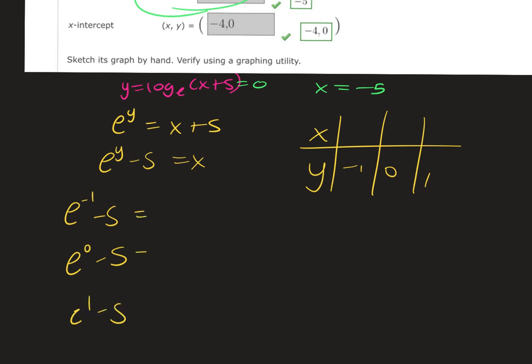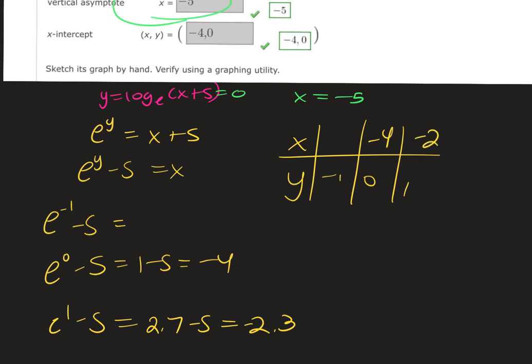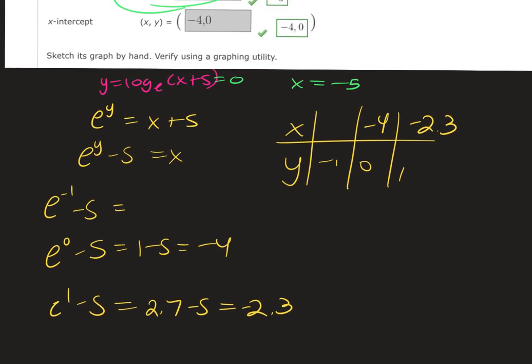This one I need a calculator for, but this is 1 minus 5, which is -4. This is 2.7 minus 5, which is negative 2.3. And then the other one, negative 4.6.